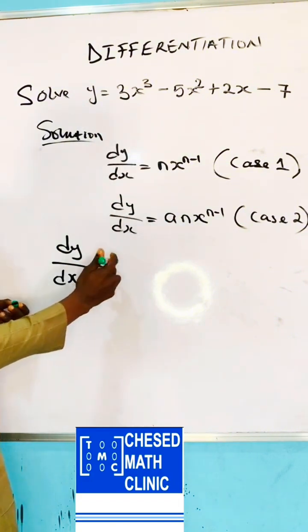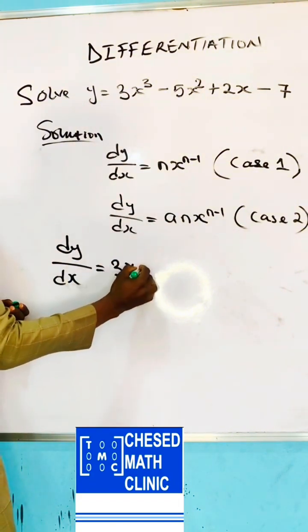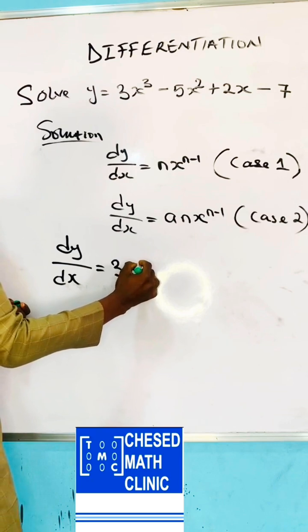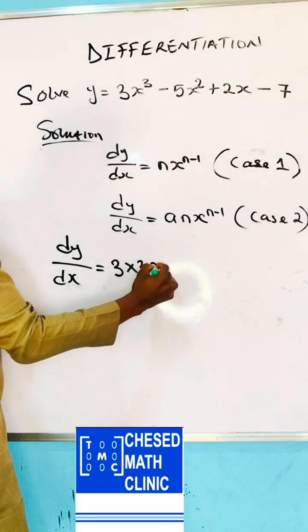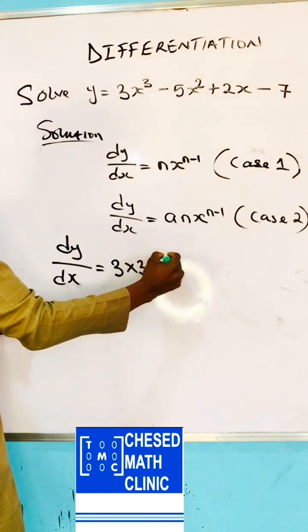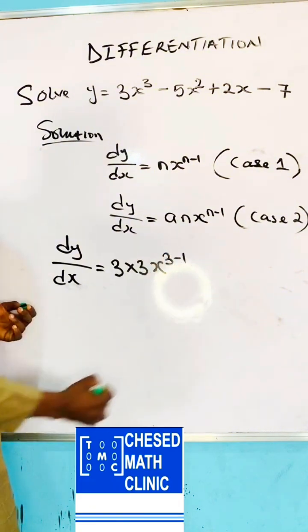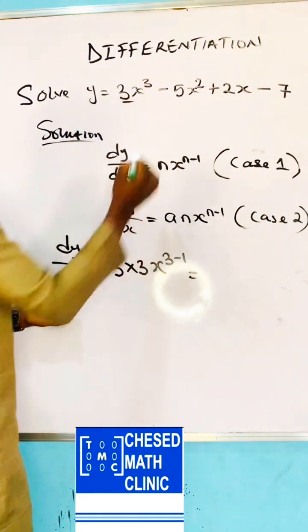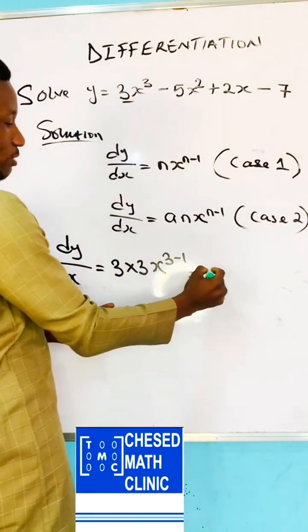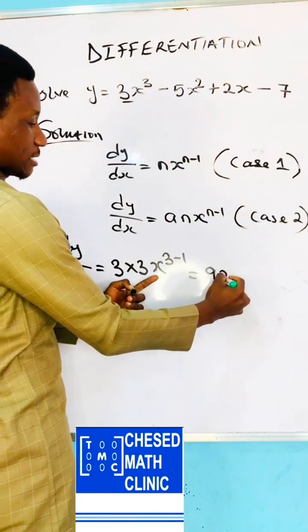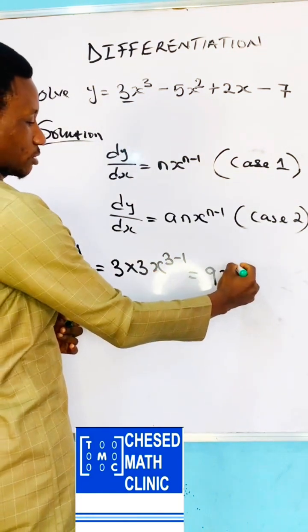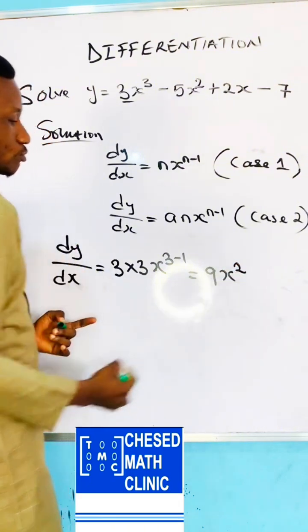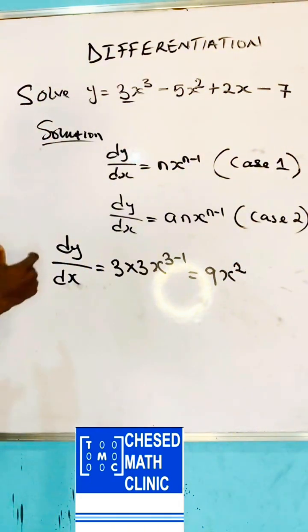So we take 3 times 3x to the power of 3 minus 1. That is for the first function. So 3 times 3 is 9. Then for x, 3 minus 1 is 2. So that's for the first one.